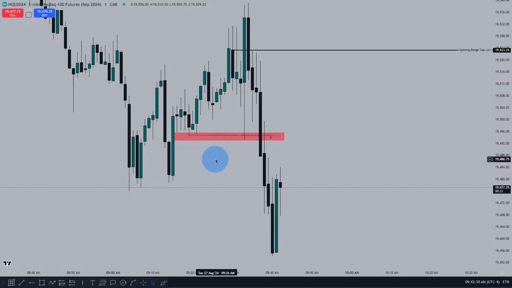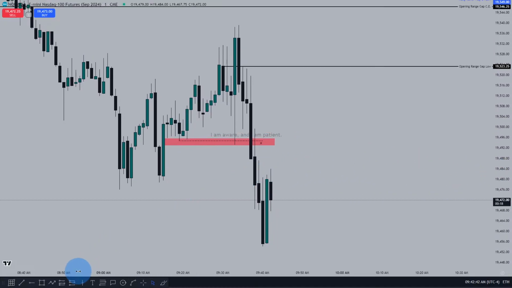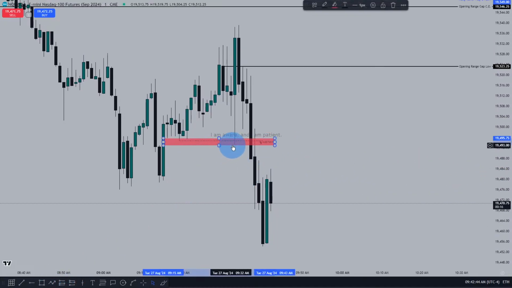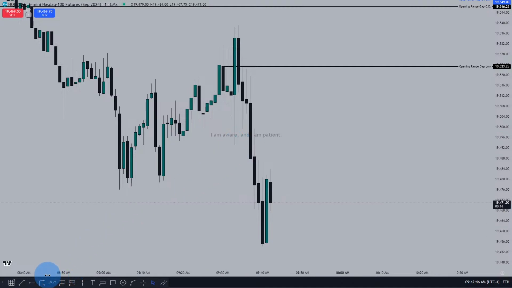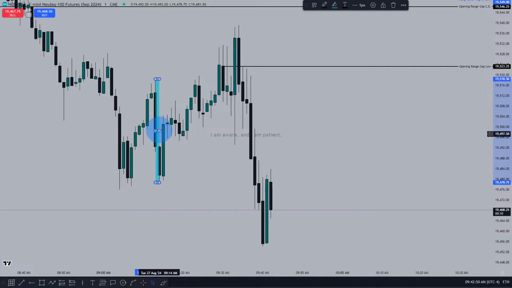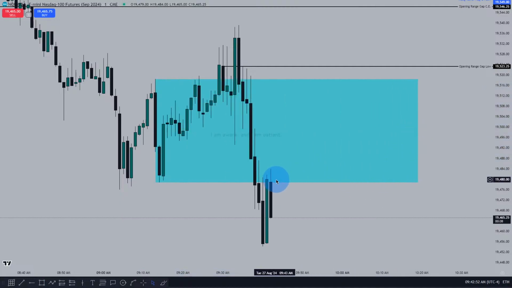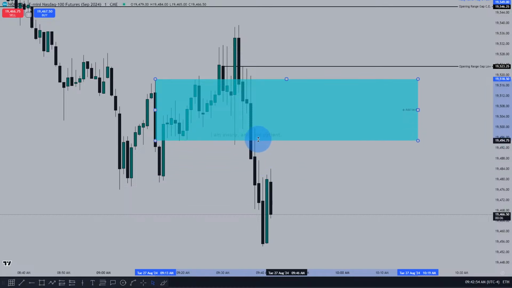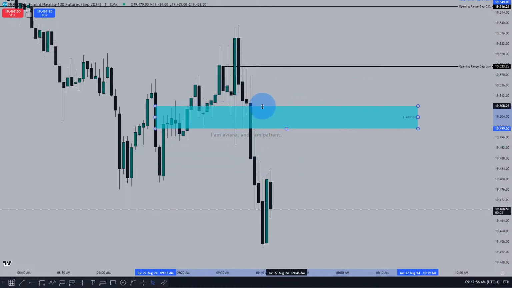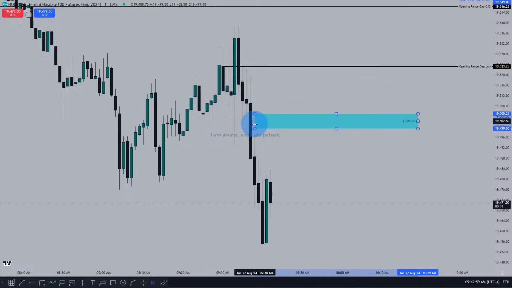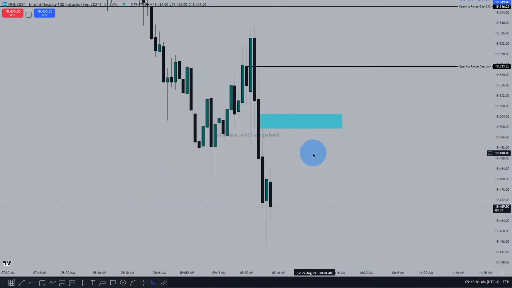Why? Because it's a unicorn gap, so these are more likely to be filled. And if I want to actually take off this, I want to draw out this breaker and narrow it down to where it lines up with inefficiency. Go check the higher time frame.